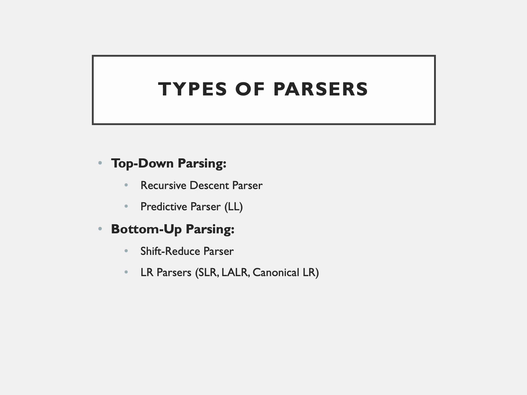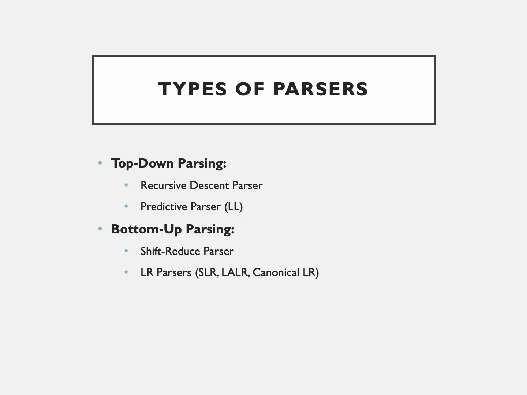Some common examples of top-down parsers include the recursive descent parser and the predictive parser. The first one uses a set of recursive functions to process the input. It is straightforward to implement but may struggle with left recursive grammars.